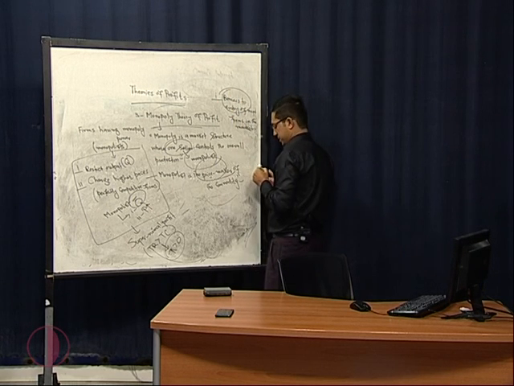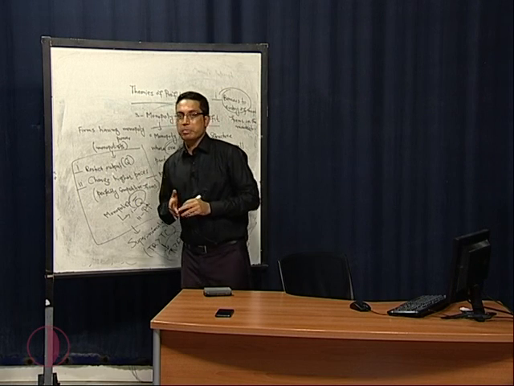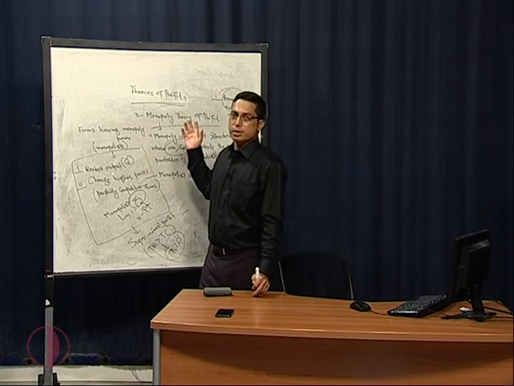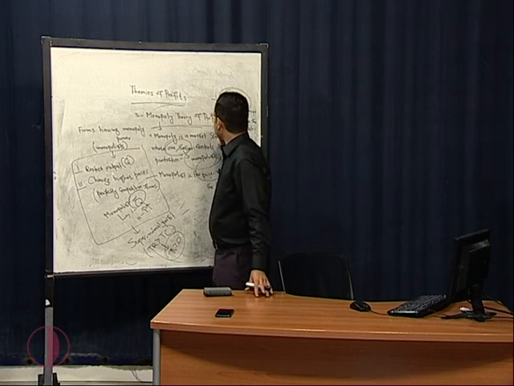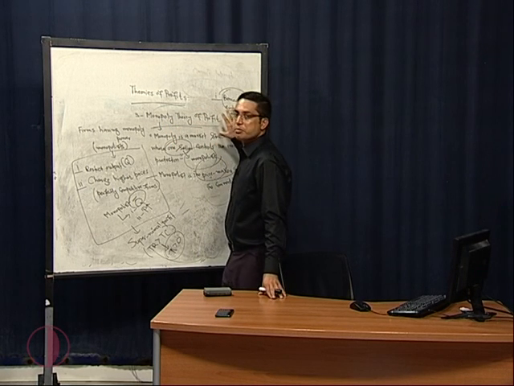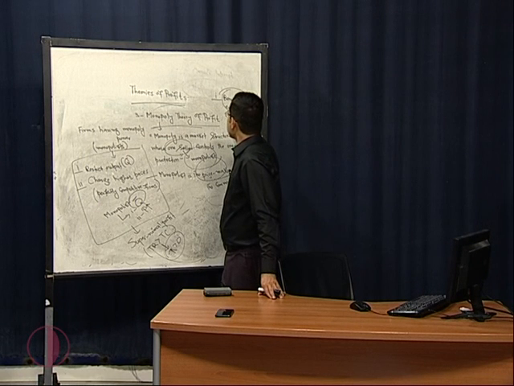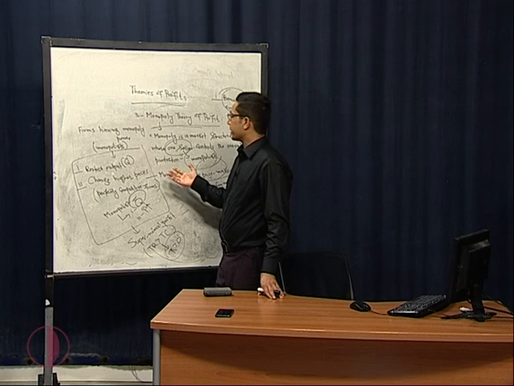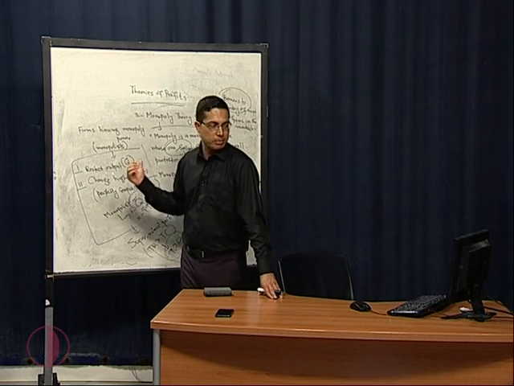The barriers may be of different kinds: financial barriers, lack of resources, or physical barriers. If new firms cannot get into the market, the monopolist enjoys his status and earns supernormal profit.